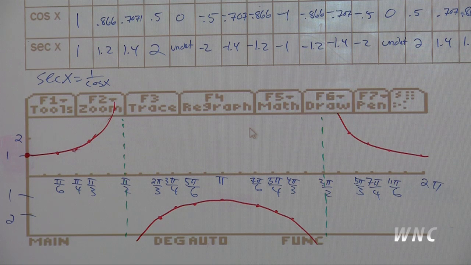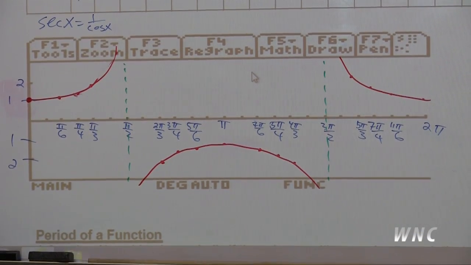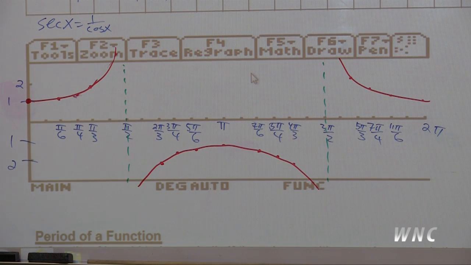And that is your secant graph. That's the secant graph. I believe you get to graph the cosecant one. Cosecant is going to be like this, but shifted a little bit.